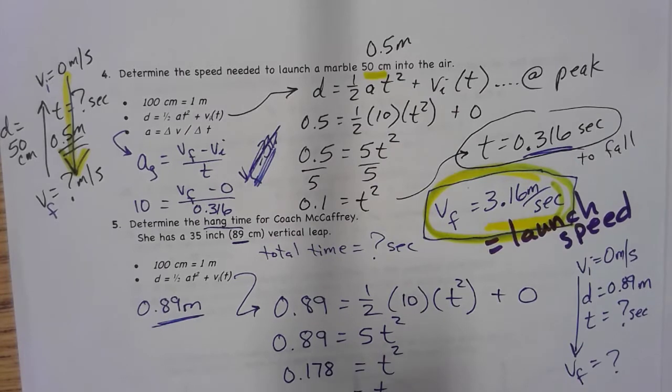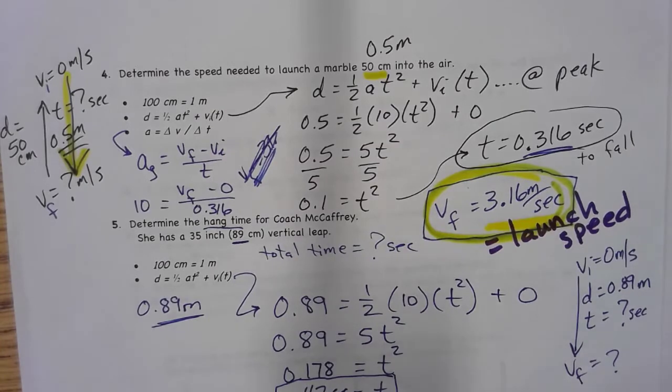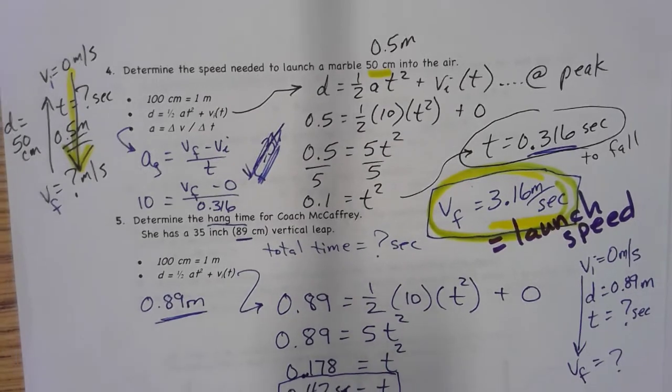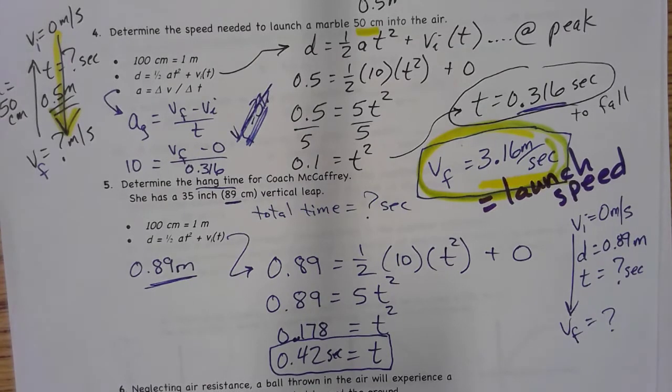Take the square root. Once again, that sometimes looks funny for students. But taking the square root of a decimal does actually get to be a bigger number. Okay, so there's the time.